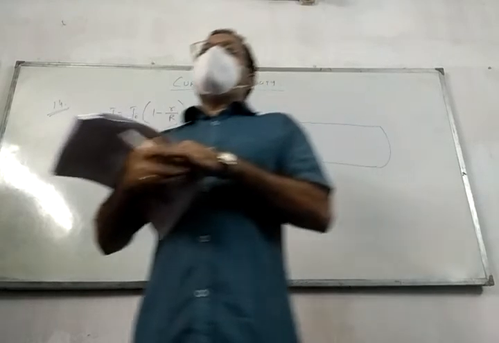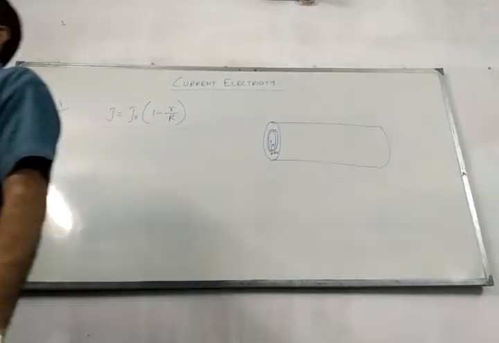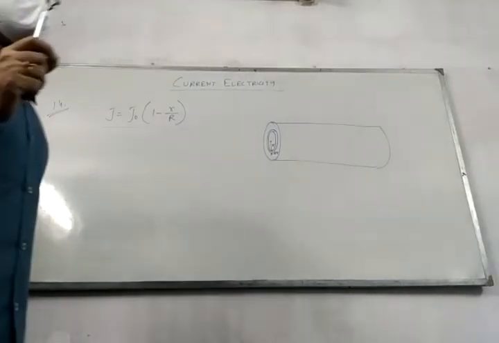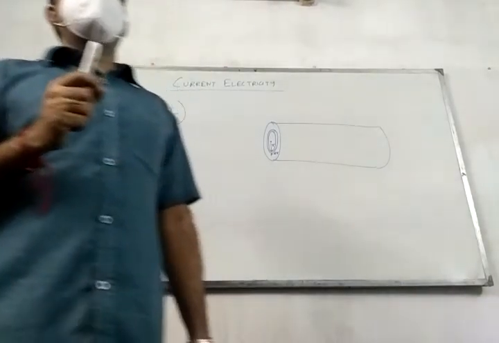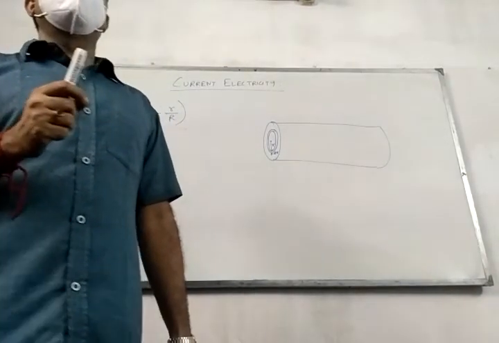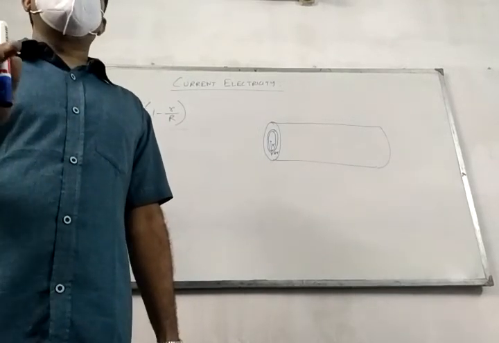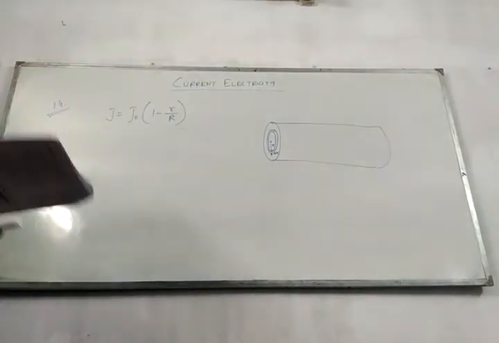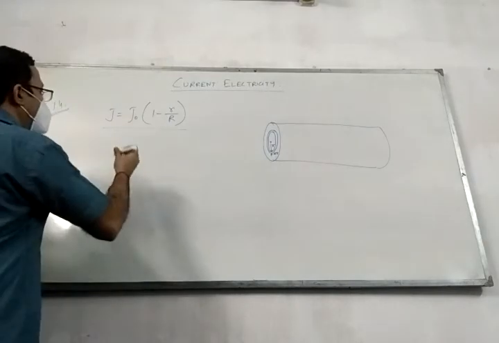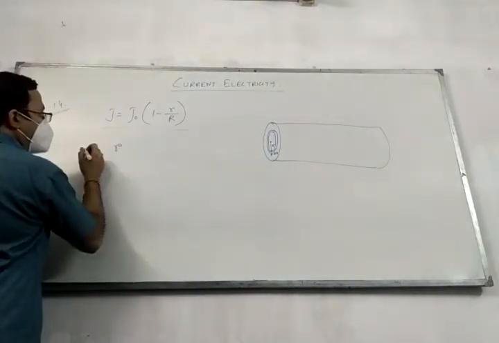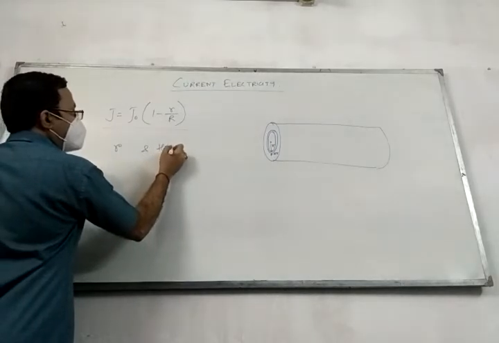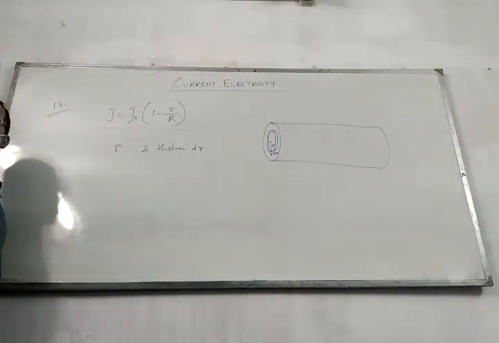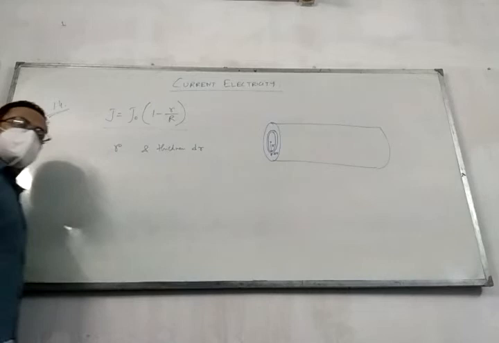Let us consider an elemental cross-sectional ring of radius small r and thickness dr. Radius small r and thickness dr. Alright?